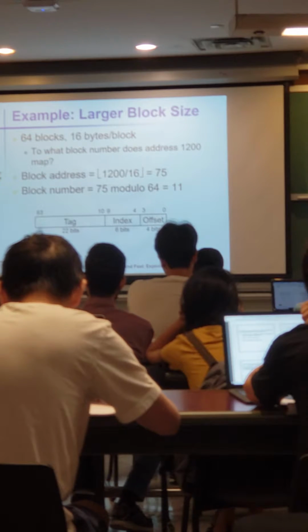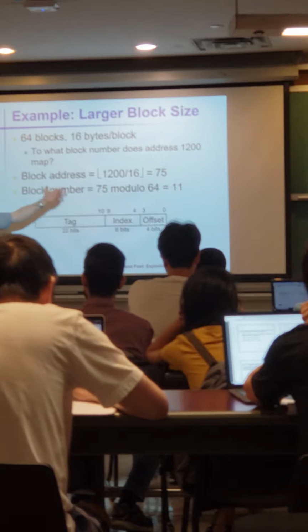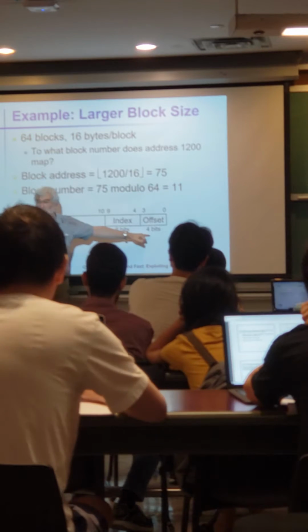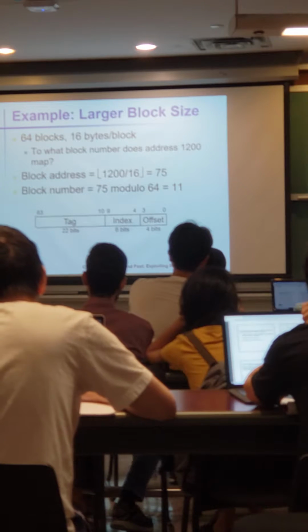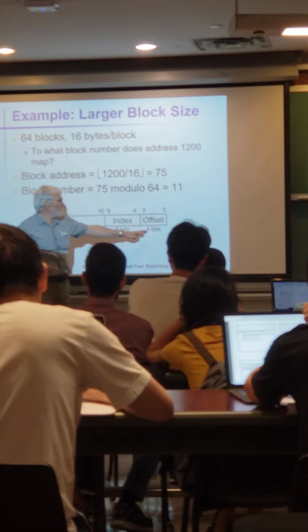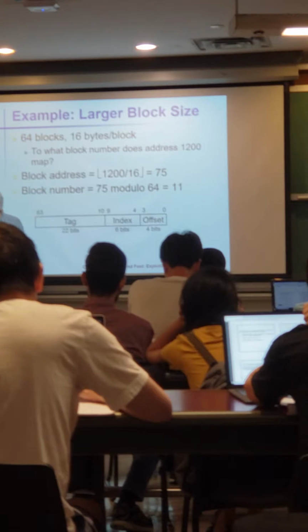So 16 bytes per block, this is the offset. If you have 16 bytes, you need 4 bits to determine which byte. So here you have offset 4 bits. It maps to the 16 bytes per block.